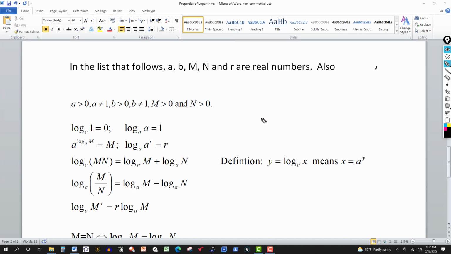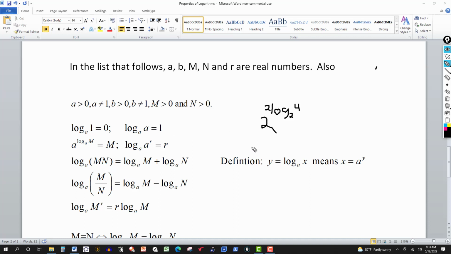Now keep in mind, if you have 2 to the log of 4 to base 2, this base and this base are the same, the answer is 4. That's what this is telling you. Now that's not the same thing if you have a 2 here.